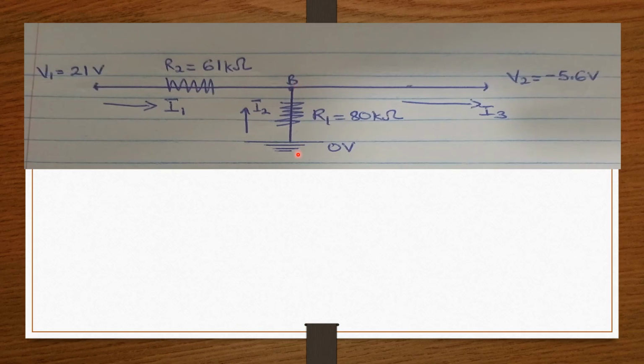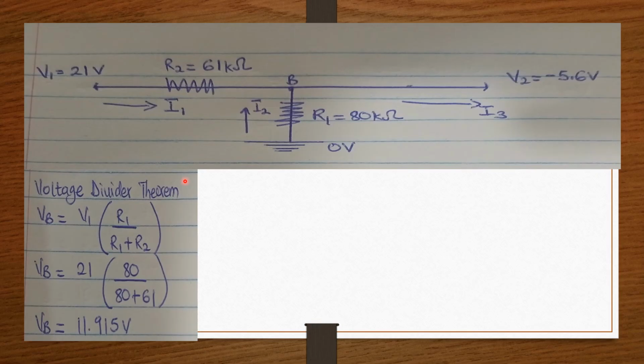So using the voltage divider theorem, VB equals V1 times the dividing resistor R1, divided by R1 plus R2. We input our values and VB is equal to 11.915 volts.